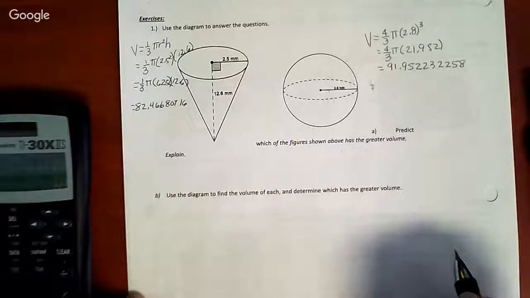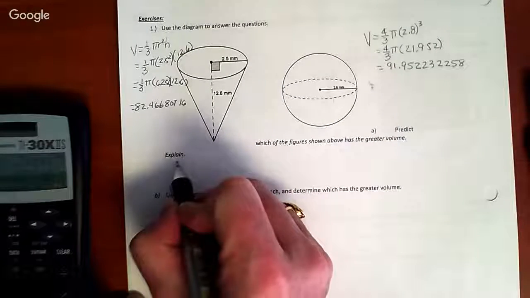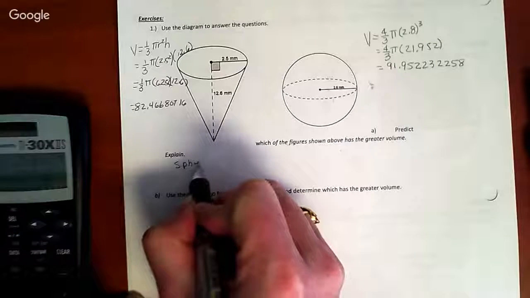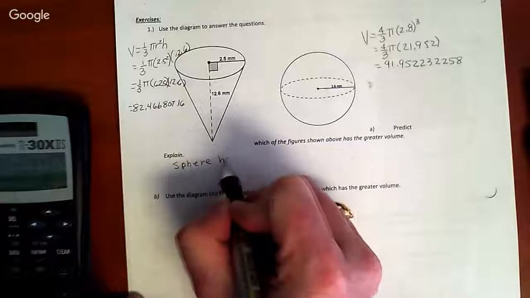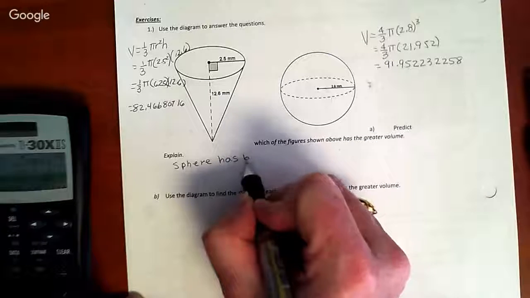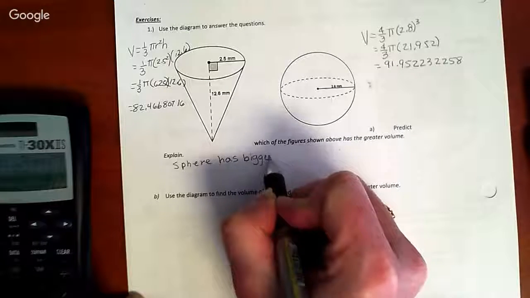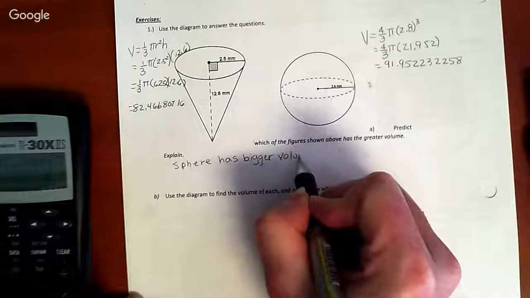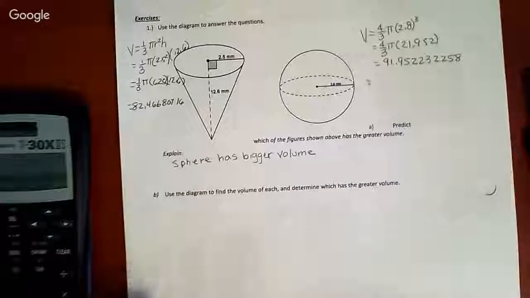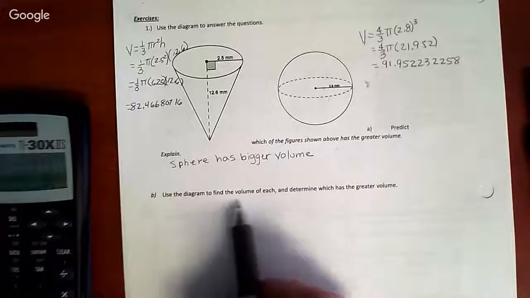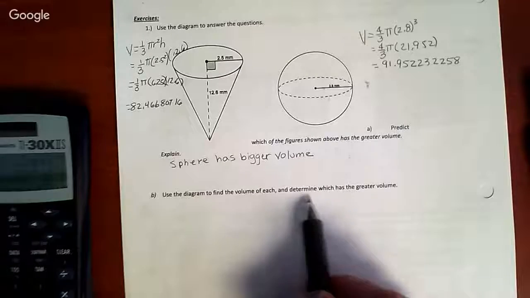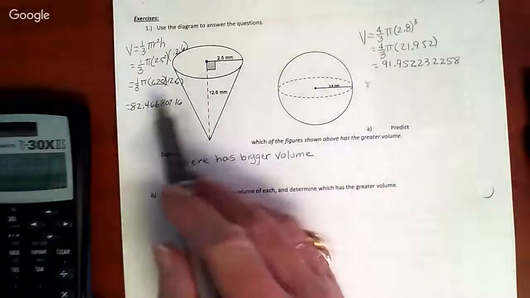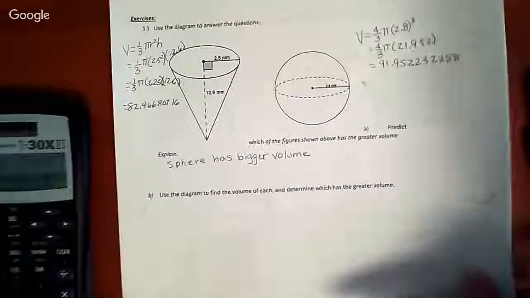So we find that the sphere has the biggest volume. It says use the diagram to find the volume of each and determine which has the greater volume. Well, we did it up here. Okay. All right. Next.